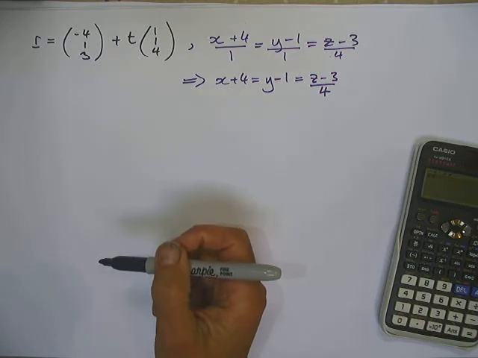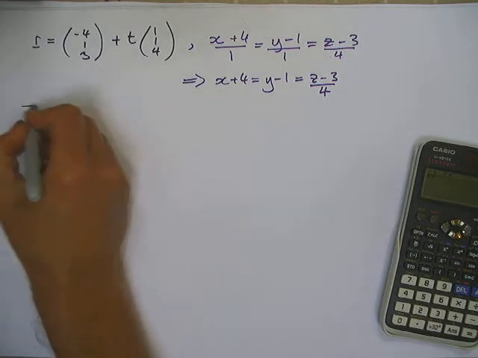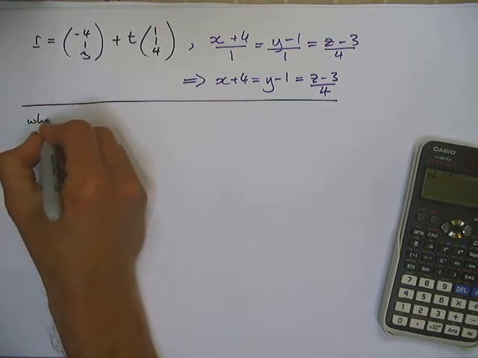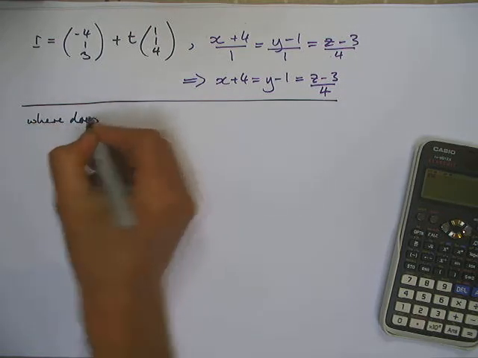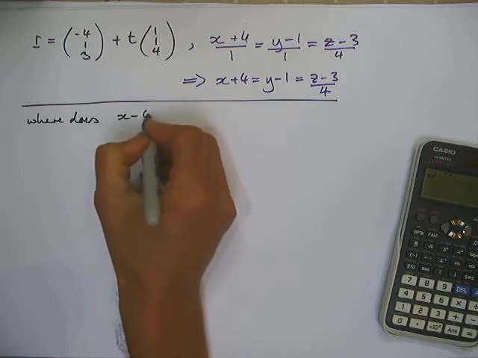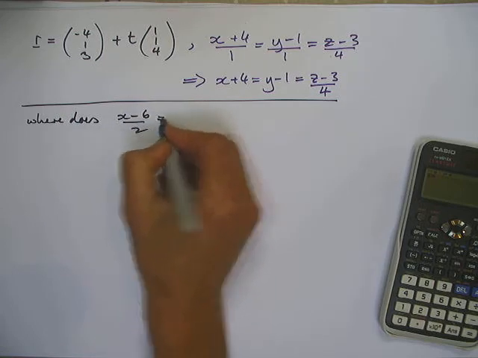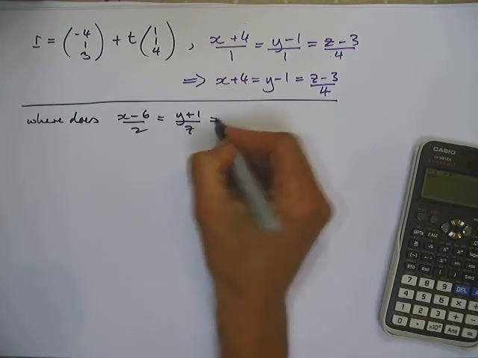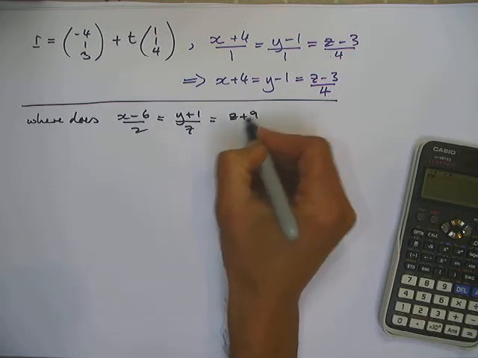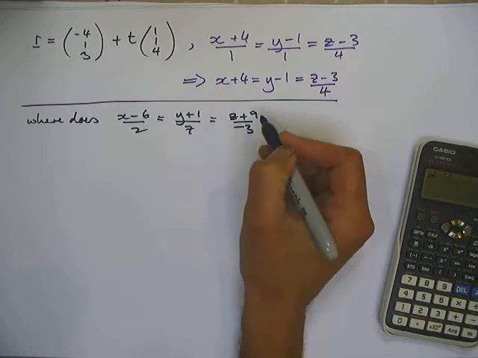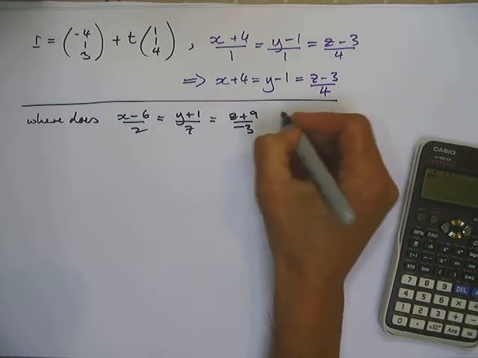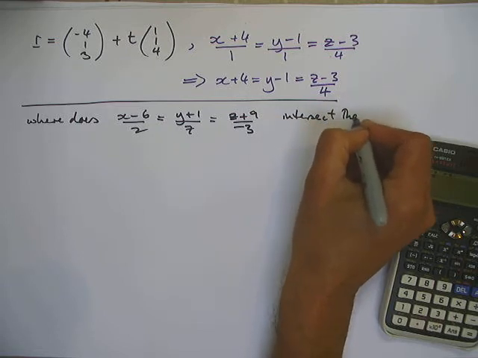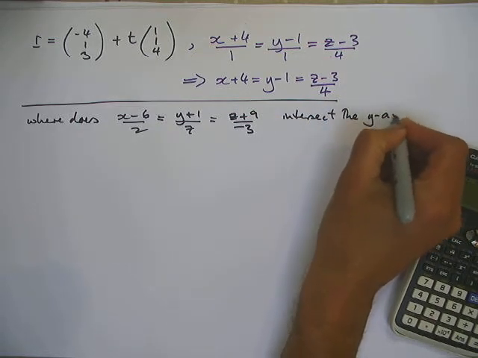Worked example 9.14 is a good one. It wants us to find where x minus 6 over 2 equals y plus 1 over 7 equals z plus 9 over minus 3, where does that intersect the y-axis?